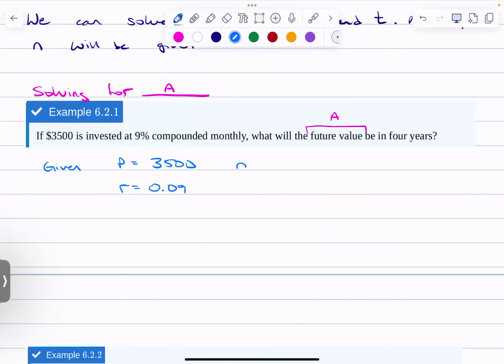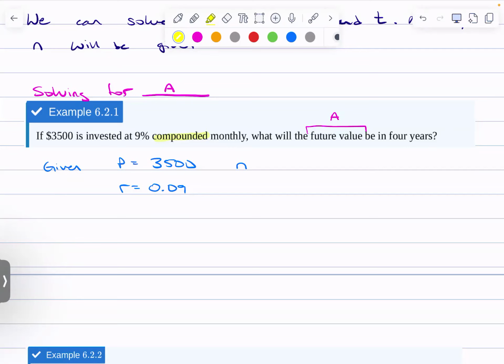It's compounded monthly. As soon as you see the compounded, that's going to be your clue that you have to use compound interest, right? So it's no longer simple interest, it'll be compound interest. Because on the test, right, you'll need to read a question and figure out, is this a simple interest problem or a compound interest problem?